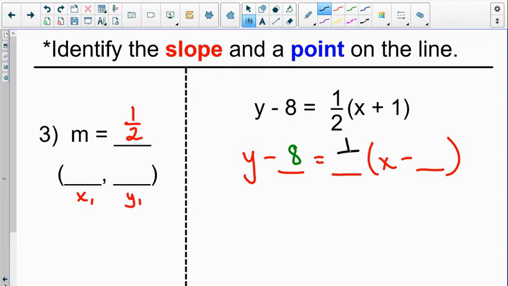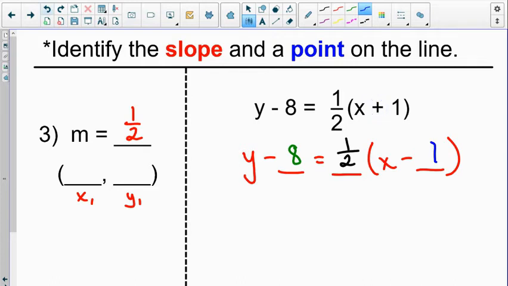I already knew that my slope was 1/2. We already listed that. The trick here is at the end. Inside the parentheses, it's not just a 1, because if I do that, it would read x minus 1. But in the parentheses, it reads x plus 1. So how in the world did it change to an addition?